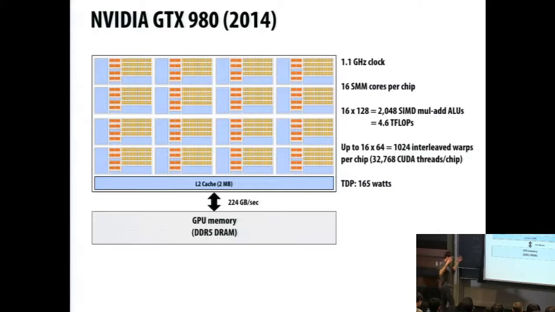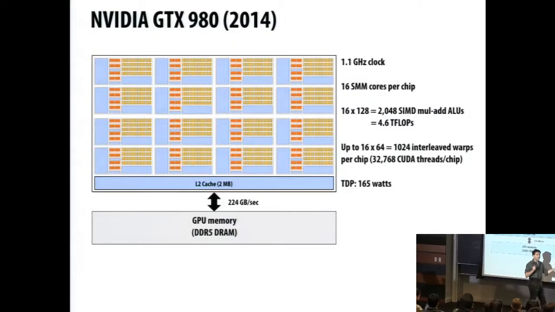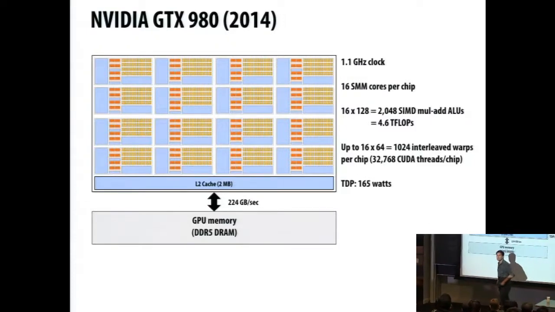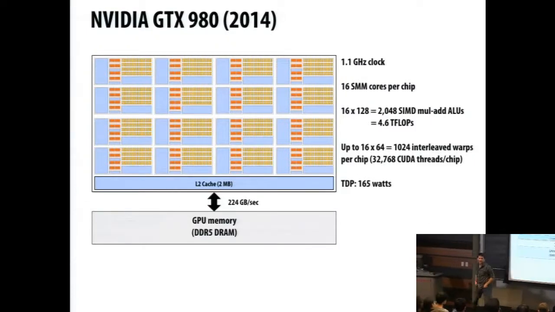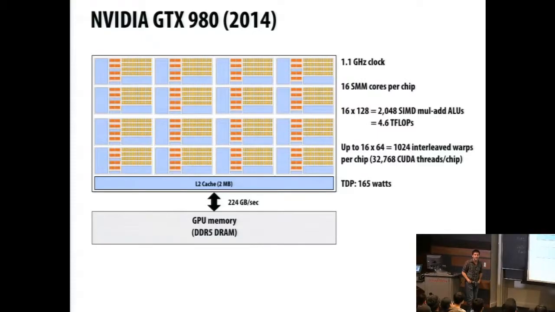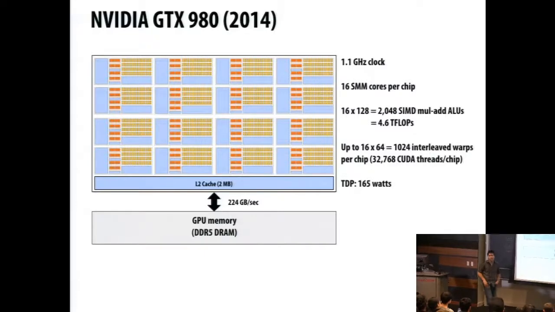My array size of 1,000,000 is big enough, but not that much bigger than the width of the chip. So the smallest vector you give this thing had better be some non-trivial multiple of 32,000, or it basically is just not going to get going at all. And in fact, that's at a TDP of 165 watts.